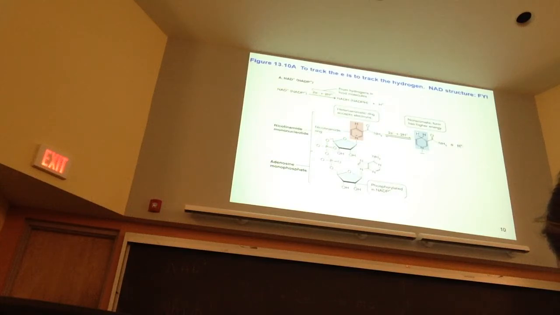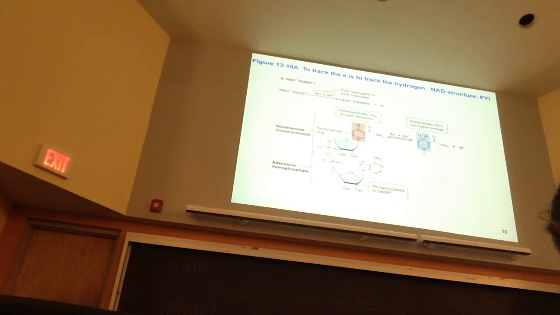Okay, so here's the NAD structure. The only point here, you don't need to know these structures, is to see on this nitrogen-containing base that this is where those electrons are accepted. It's on this ring that is aromatic at this point, so there's alternating double bonds.